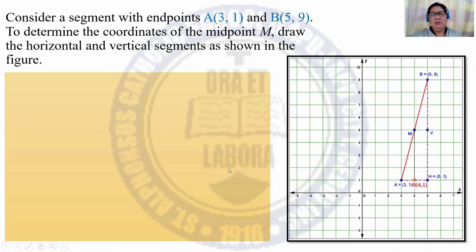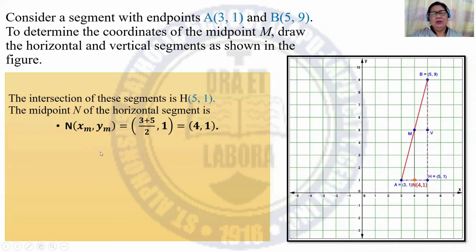Next, consider a segment with endpoints A and B, where A has coordinates (3, 1) and B has coordinates (5, 9). To determine the coordinates of the midpoint, represented by M, draw the horizontal and vertical segments as shown in the figure.